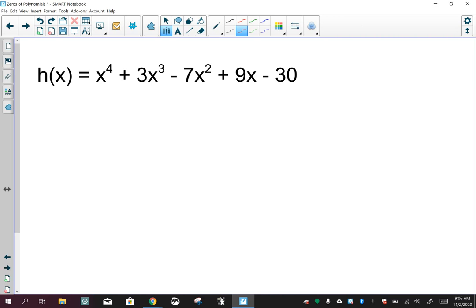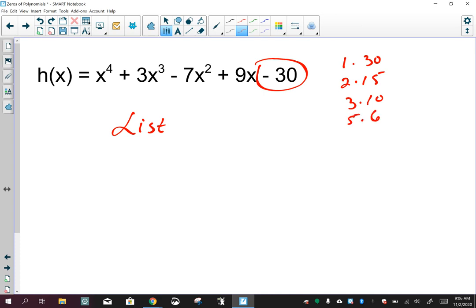On this one right here, I'm only going to focus on this number. So my list is my factors of 30, which is 1 and 30, 2 and 15, 3 and 10, 5 and 6.